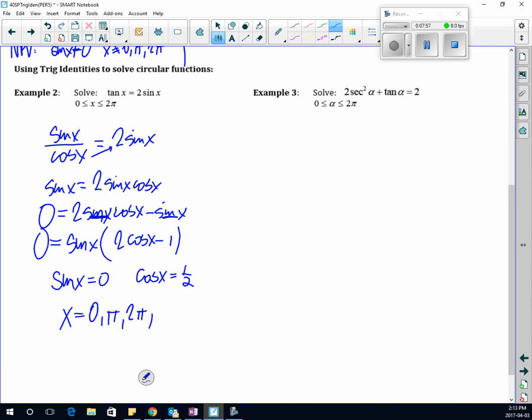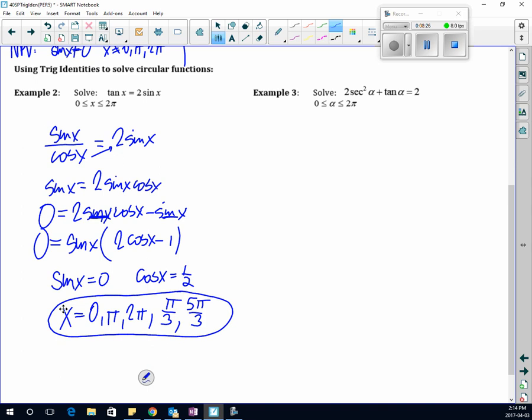Where is cos x equal to positive 1/2? Pi over 3. It has to be quadrant 4, right? So yes, 5 pi over 3. Very good.